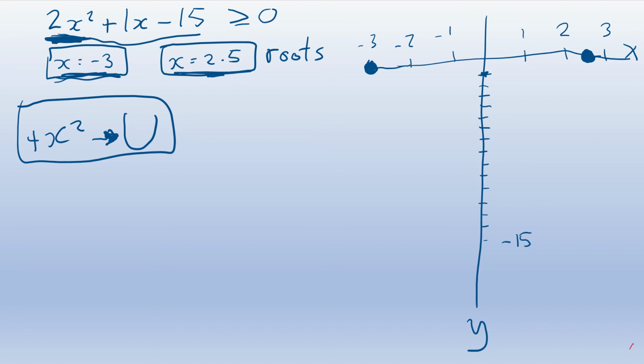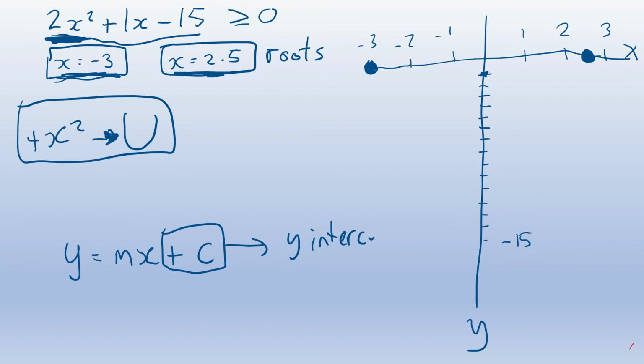And also, we have one more piece of information that we know. So if you think back to your coordinate geometry, you would have dealt with something like y is equal to mx plus c. And you would have been told that your c, let's put a box around the plus as well because that's part of it, was your y-intercept. So where your line, now remember, this is talking about a line now. I know we're talking about a quadratic up here, but I'm just linking the two things together.